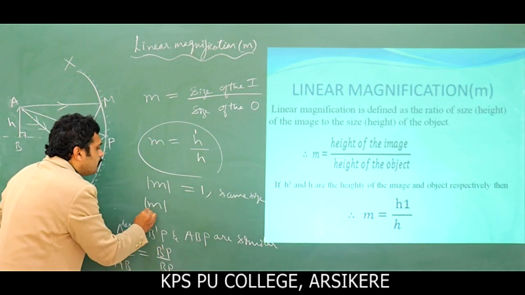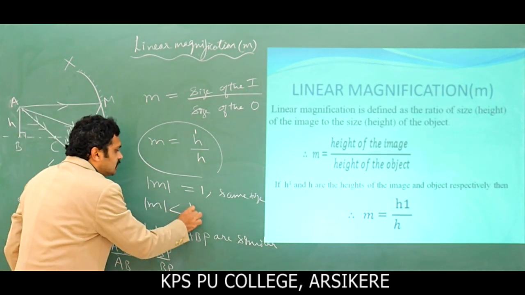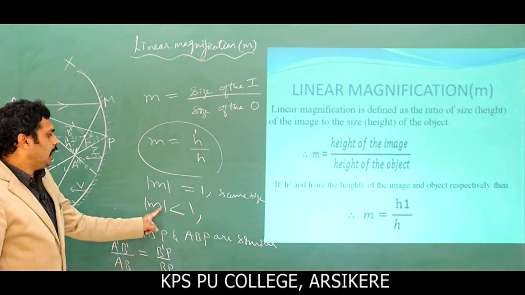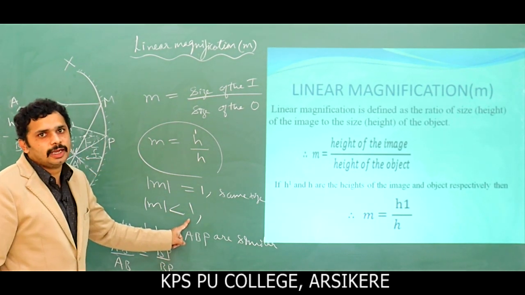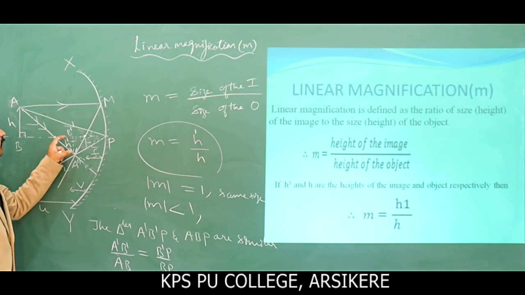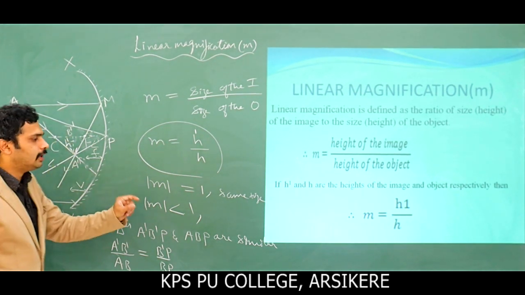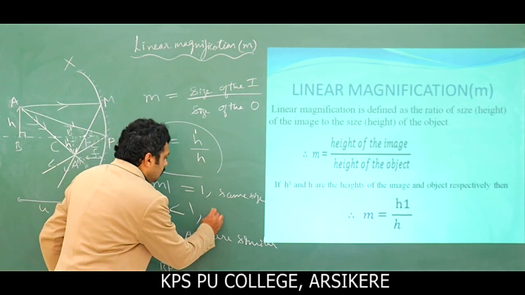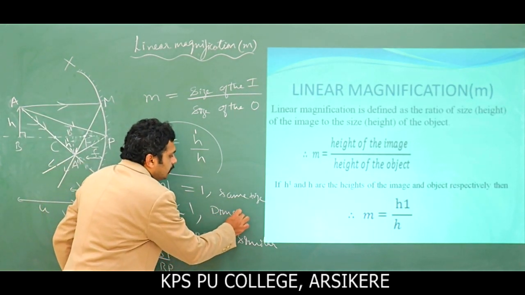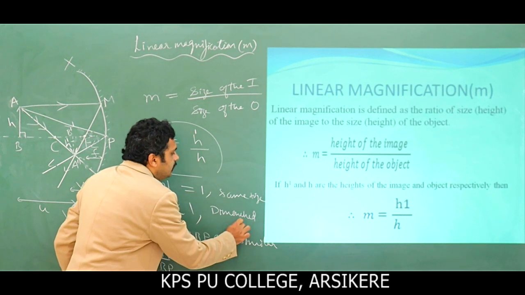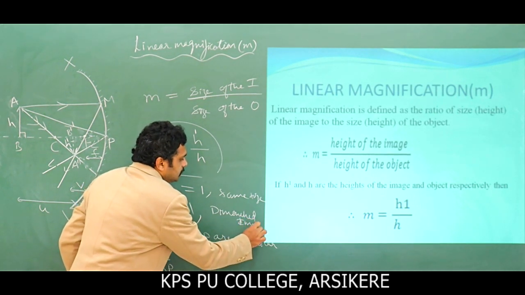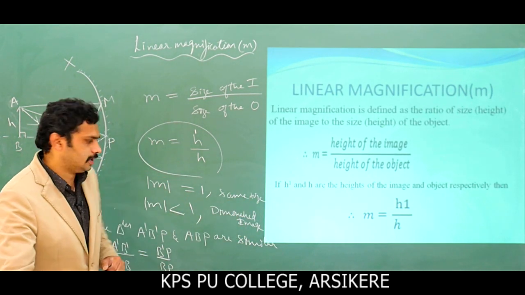If the magnitude of magnification is less than 1, if the m value is less than 1, we know that the image size is less compared to the object. We'll get a diminished image. If m is less than 1, then the nature of the image is diminished. A small image comes.